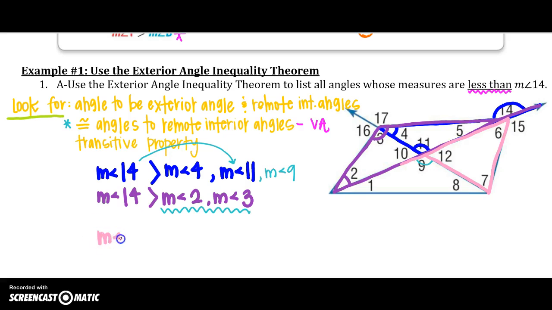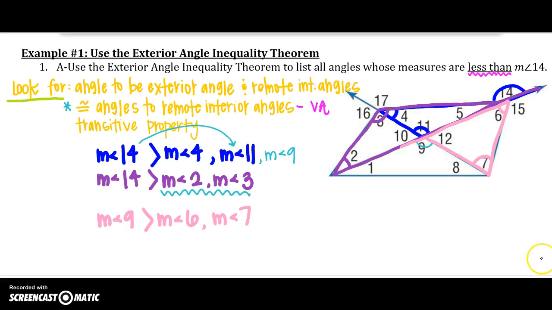So if the measure of angle 9 is greater than 6 and 7, and 14 is greater than 9, we know that 6 and 7 are also included in this grouping.